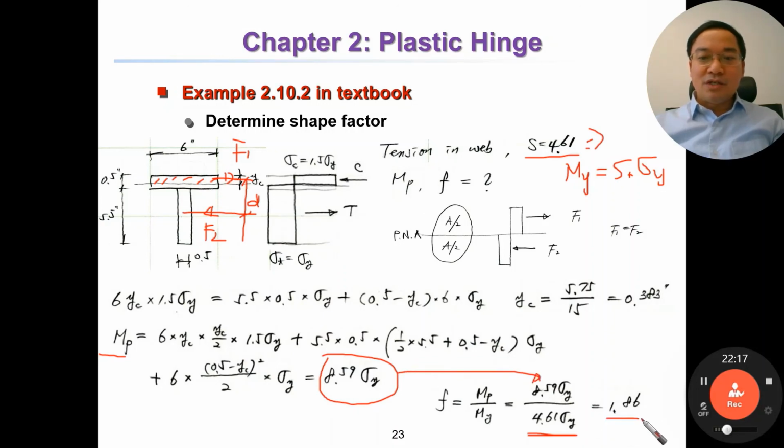Then the ratio is 1.86. So the solution of the shape factor in this section, T section, with this different dimension, F equal to 1.86. That is final solution.